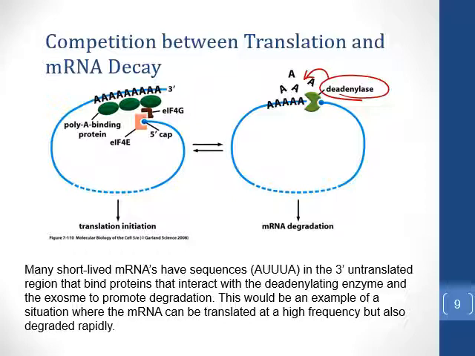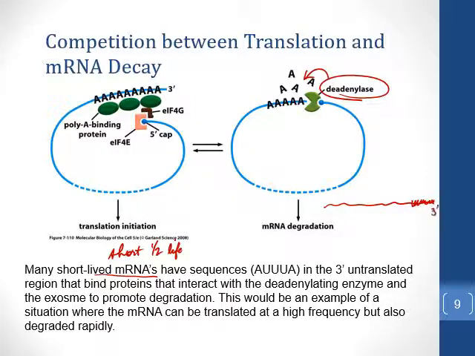Now, many short-lived mRNAs, so these would be mRNAs with short half-lives, have sequences in the 3' UTR that bind proteins that interact with these deadenylating enzymes and the exosome to promote degradation. Okay, so in other words, here's your mRNA. This is your 3' UTR.